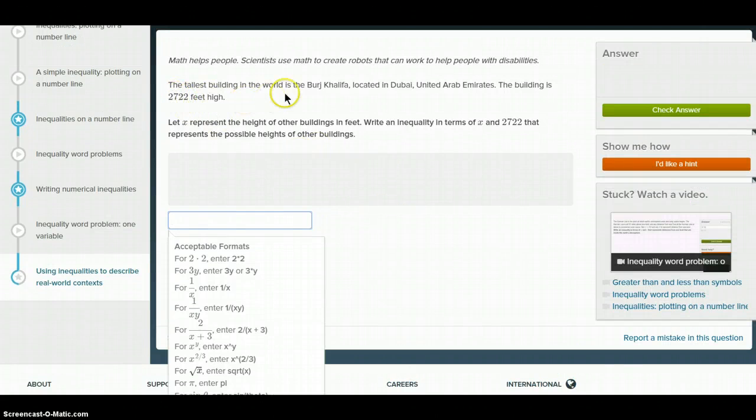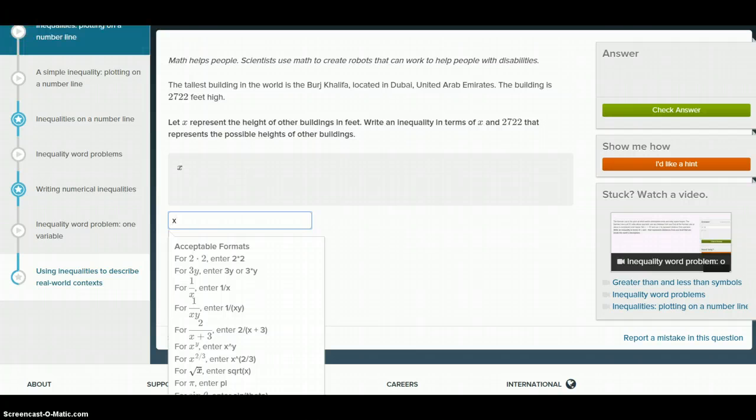The tallest building in the world is located in Dubai, United Arab Emirates. The building is 2,722 feet high. Let x represent the height of the building. So let's write an inequality here.